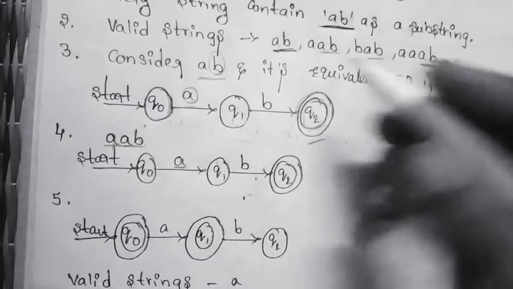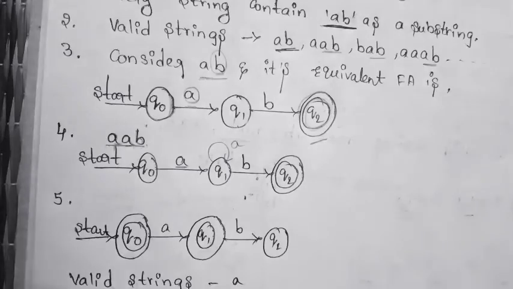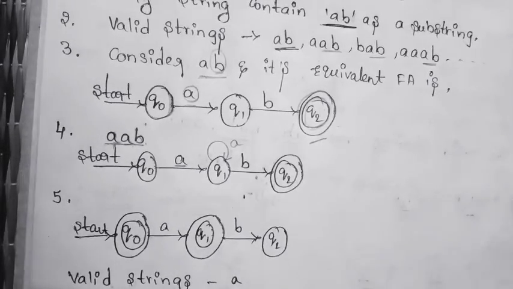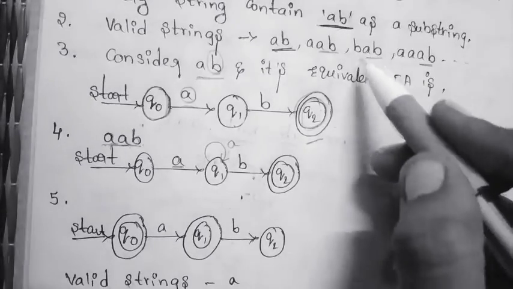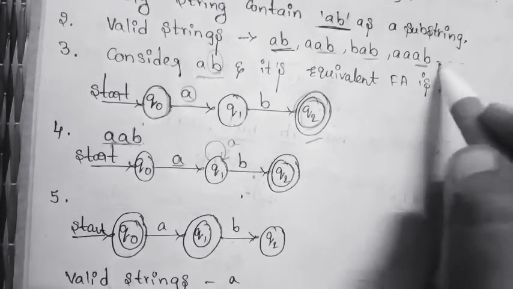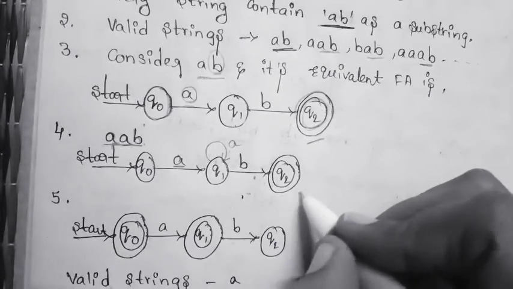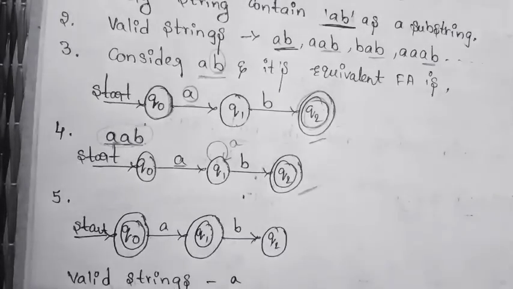We didn't have any A input, so we give it as a self loop. If you want, you can give it from Q1 to Q2 also. If you have any doubts, check BAB and AAB also. Then this is our finite automata for the following string.